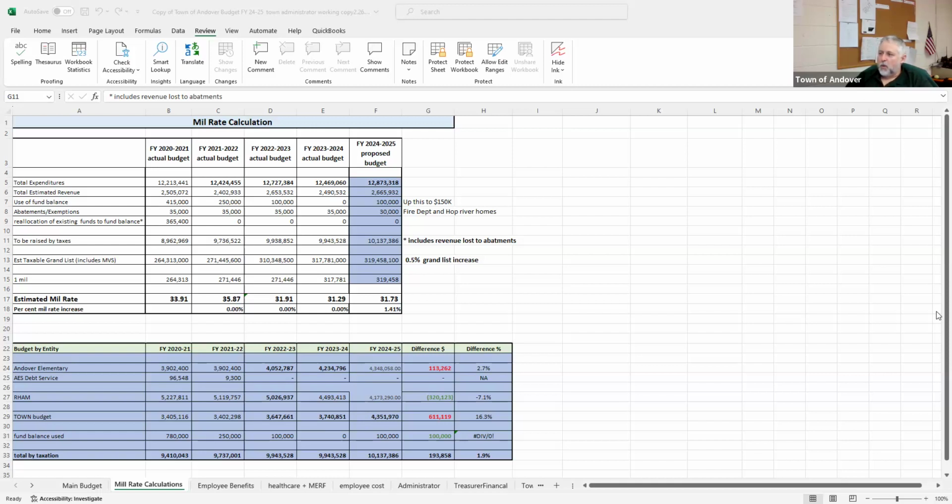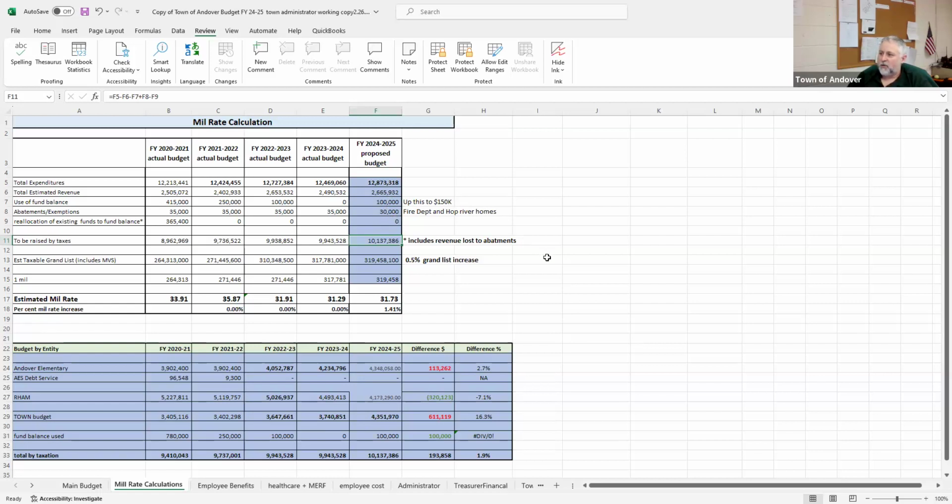So the way it's been, this number right here is the number to be raised by taxes. If you look at the formula assigned for it, it's item number 5, which is total expenditures minus total estimated revenue minus the use of fund balance, and it should be plus the abatements and then minus allocation of existing funds to fund balance.